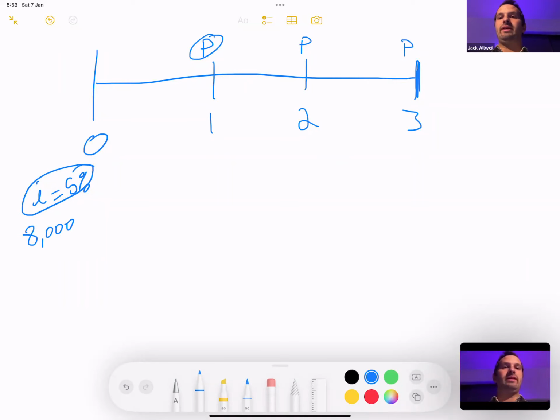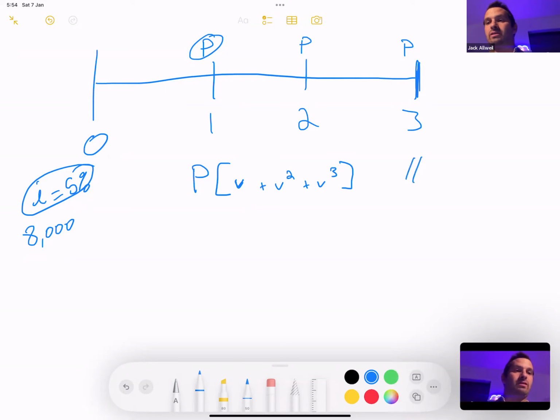Now, in the prior video on the present value of cash flows, we looked at what is the present value of $100 at times 1, 2, and 3. So this one, the present value is just V, and remember that V is 1 divided by 1 plus the interest rate.